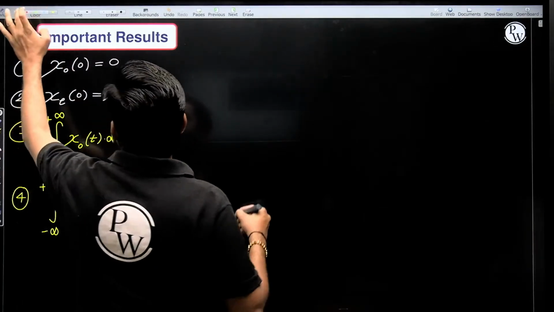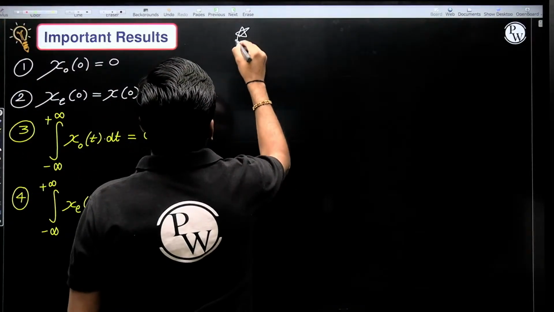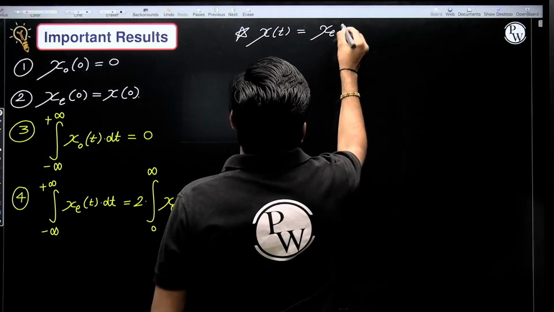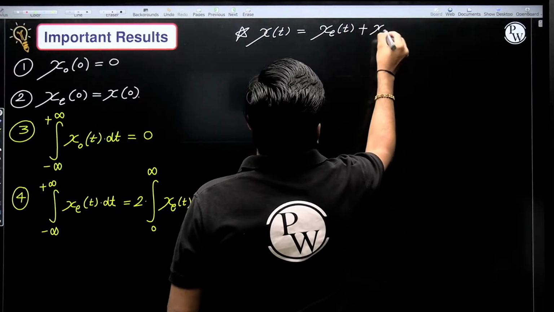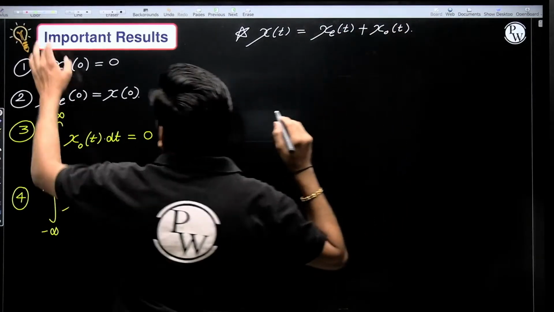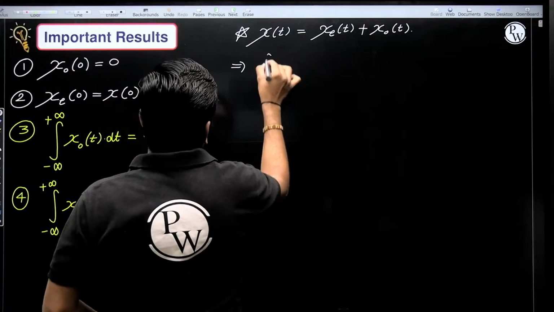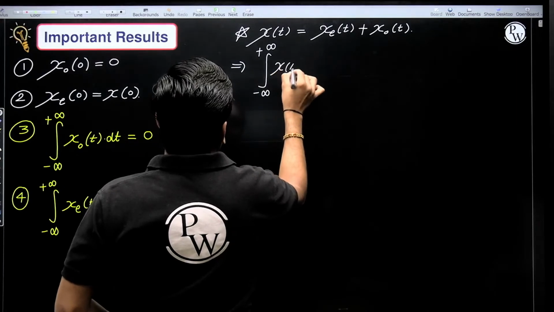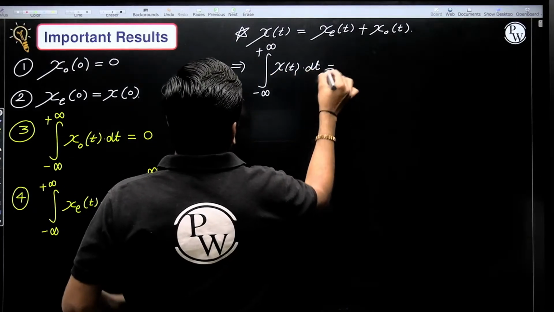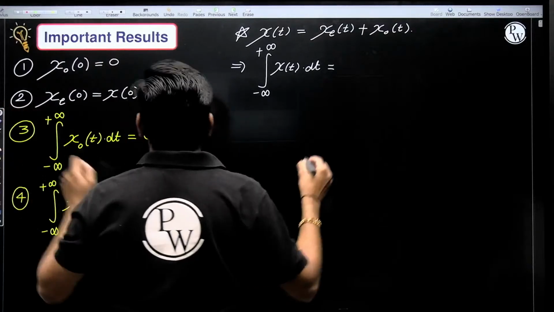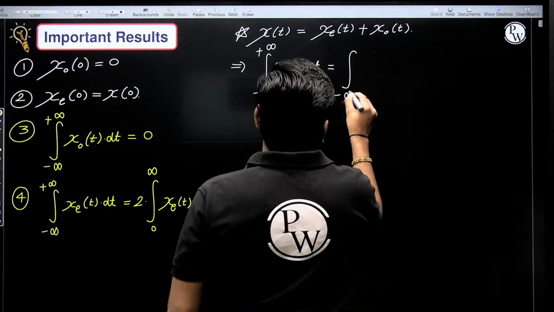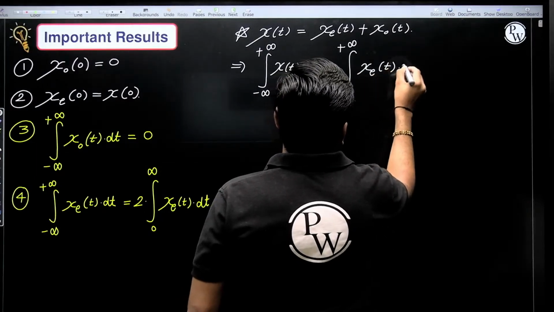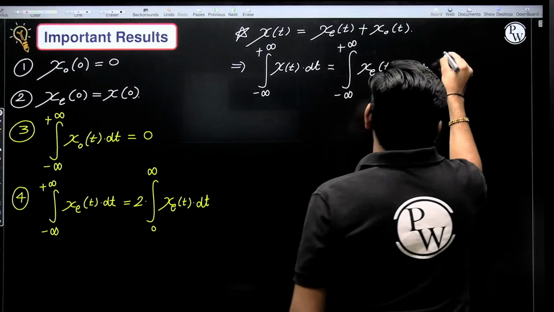Now the next important result. We know that any general signal is the sum of its even part and odd part. Now if you calculate the area of x of t, integration from minus infinity to infinity of x e of t dt plus the integration of the odd part.